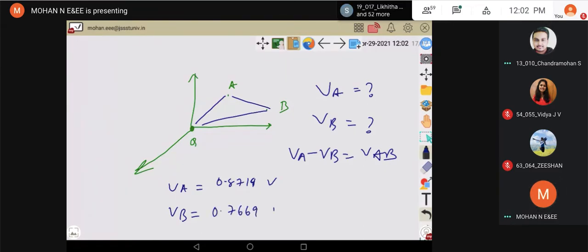Next, VA minus VB is equal to 0.1049. So you have assumed that the charge is at the origin itself, right? Yes. Then it's okay. So all are volts.